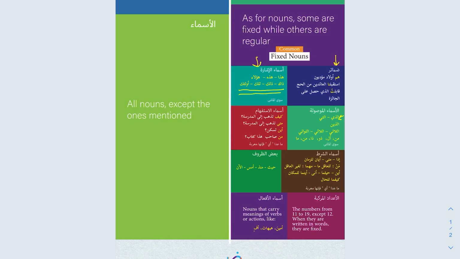طيب. Then we have أسماء الاستفهام, the question words كيف متى أين من, all of those. أسماء الشرط. What are the أسماء الشرط? إذا متى أيان من للعاقل for living things. ما مهما أين حيثما أن أينما كيفما.